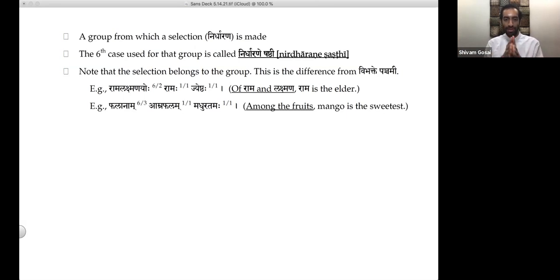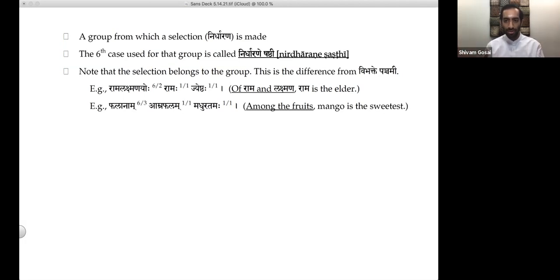Okay, let's look at the second example. Palanam amrapalam madhuratamaha. So among all fruits, palanam, which is the translation of Nirdharane Shashti, amrapalam, mango, madhuratamaha, is the sweetest. One good translation of Nirdharane Shashti is the word among.